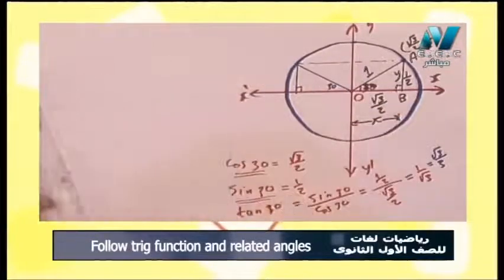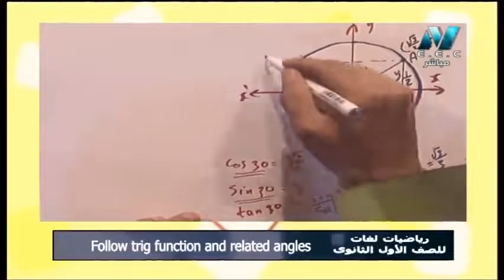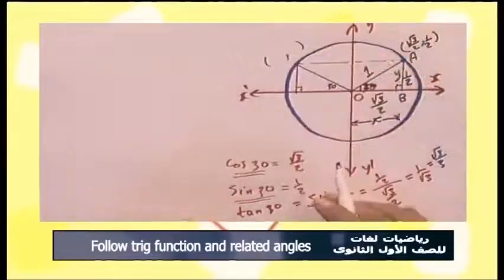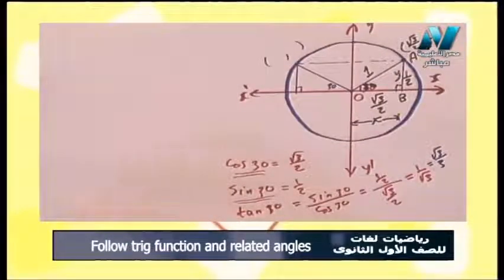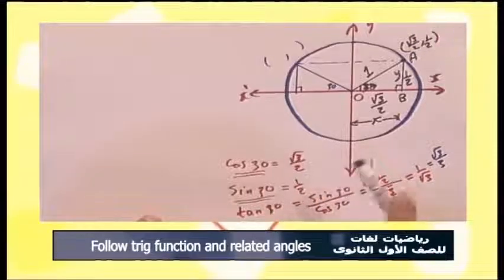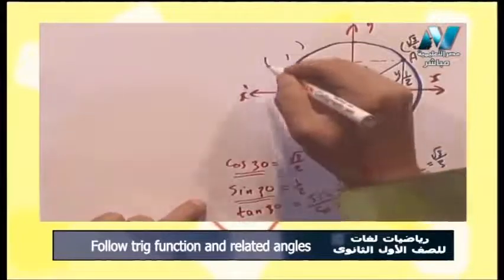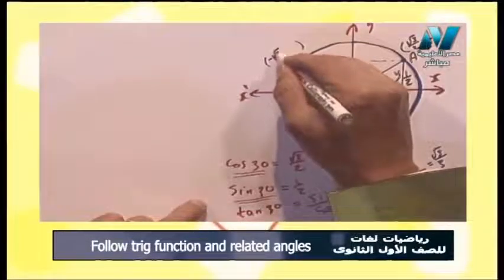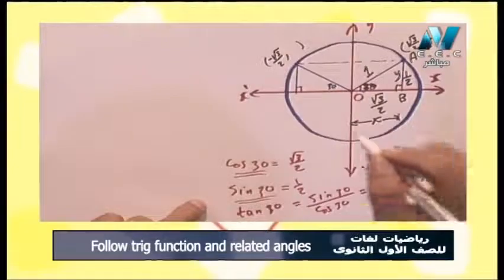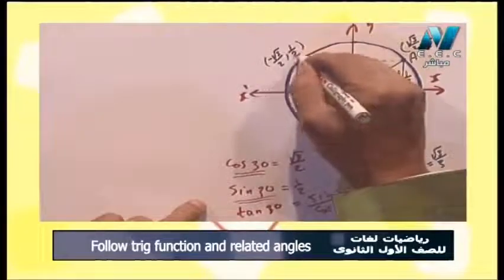Yes. So what are these coordinates now? From the basics which we studied today, we will convert what? We will convert the x coordinate, and it will be negative root 3 over 2, and half will still be as it is.